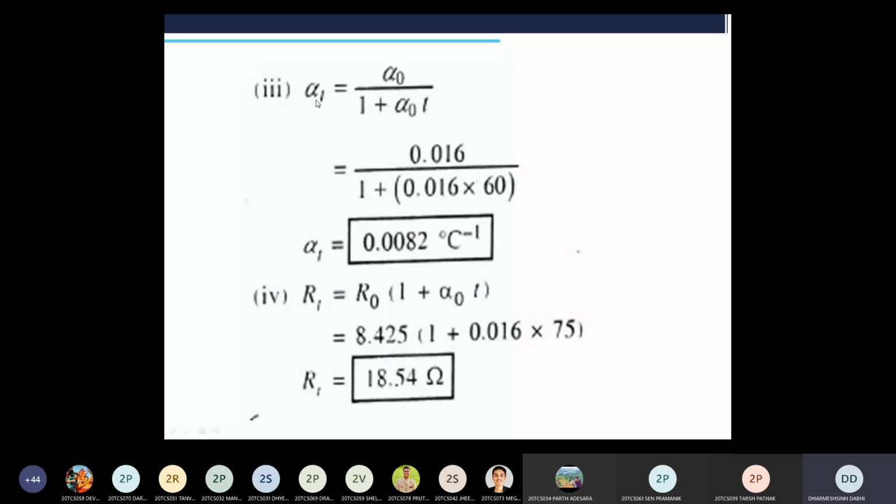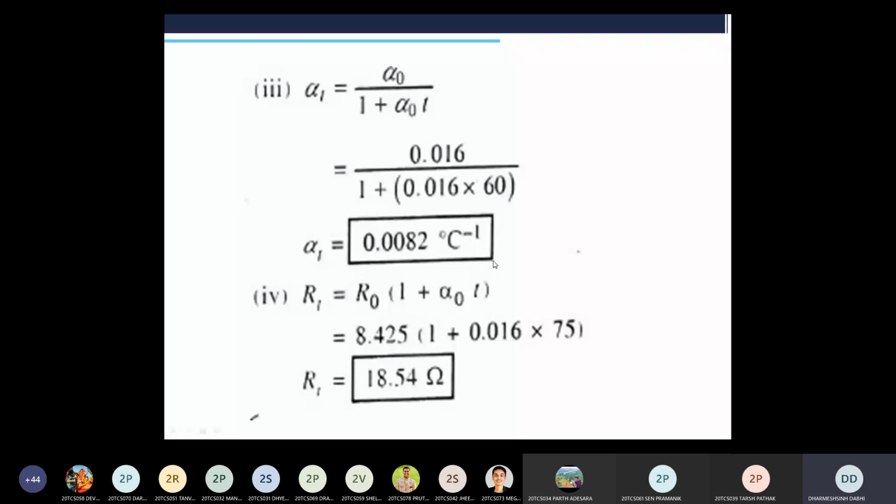So you can find out the temperature coefficient alpha t at any degree by this equation: alpha t equals alpha 0 divided by 1 plus alpha 0 into t. So alpha 0 we already calculated, 0.016. T is 60 degrees at which we want to calculate this alpha. So finally you get the answer 0.0082 per degree Celsius.